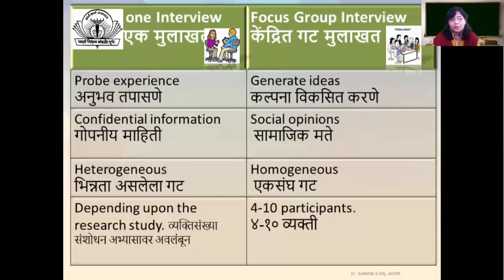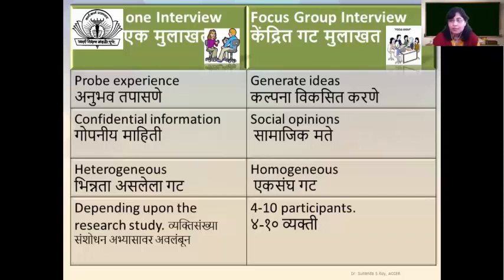For one-to-one interview, if the informants are very heterogeneous, that means they are very different from one another, it's better to go for one-to-one interview, because they might not have anything common to share or discuss or talk about. So if it is a very heterogeneous group of informants, go in for one-to-one interview.